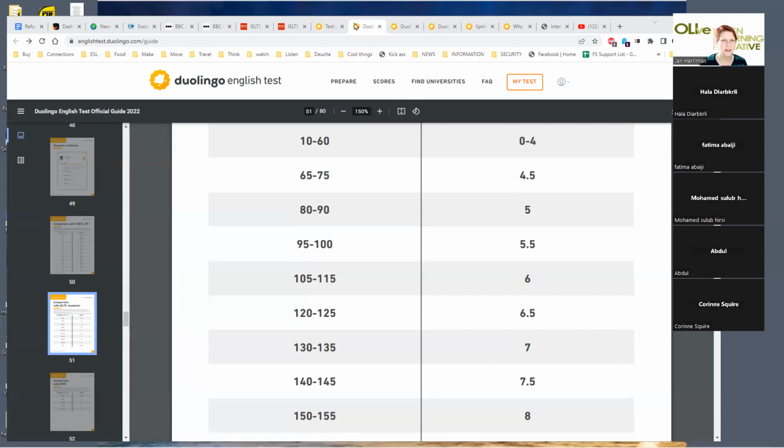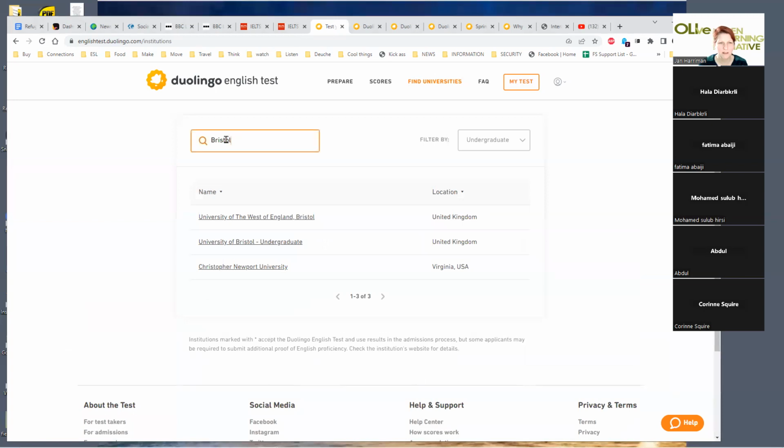You can go into the Find Universities page here on the Duolingo site and make sure that your university accepts it. And if they do, it's a great option. And like I said, we've got free places to take it, free vouchers to take the exam, which is fantastic. But only if your university accepts it at this point.